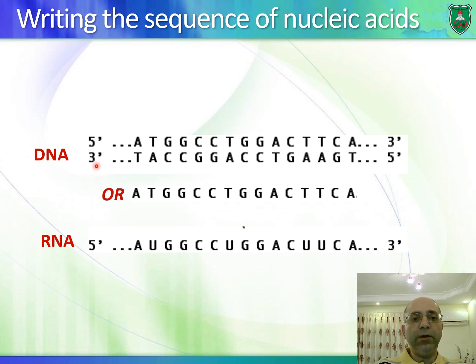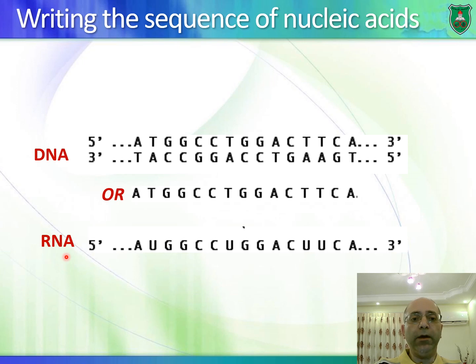So you say 3 prime T A C C G. Whenever there's an A, there's a T. Whenever there's a T, there's an A. Whenever there's a G, there's a C. Whenever there's a C, there's a G, and so on. So the molecule is double-stranded, the two strands are complementary to each other, and they are anti-parallel to each other as well.